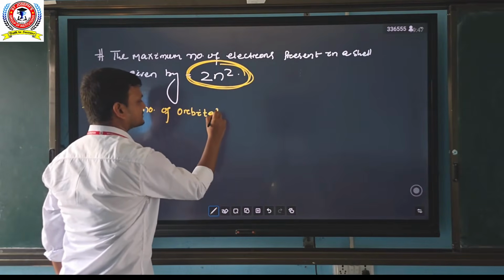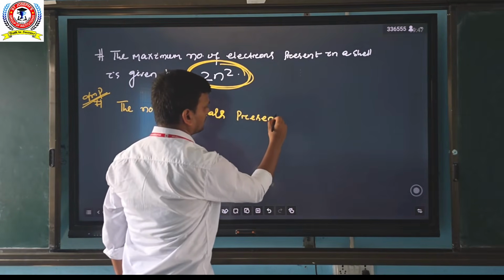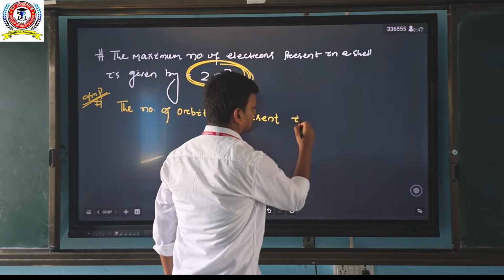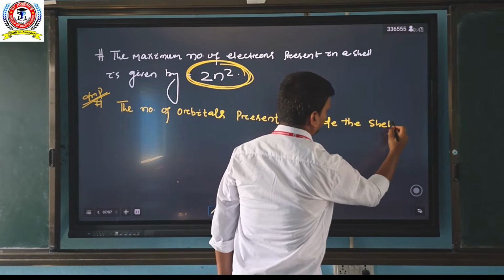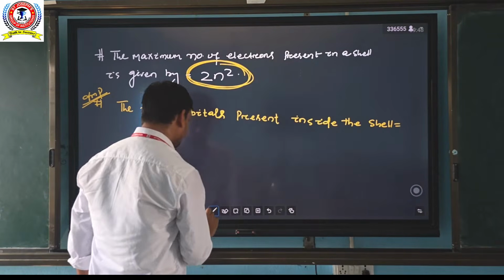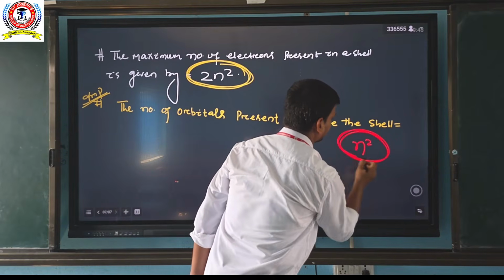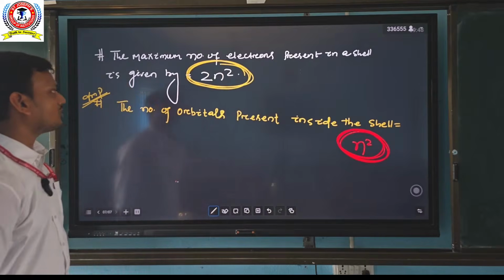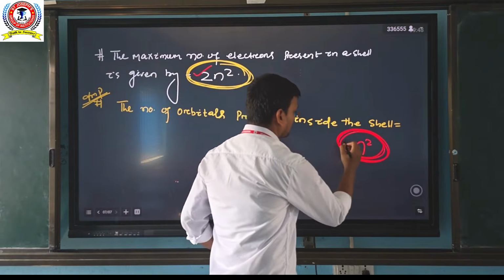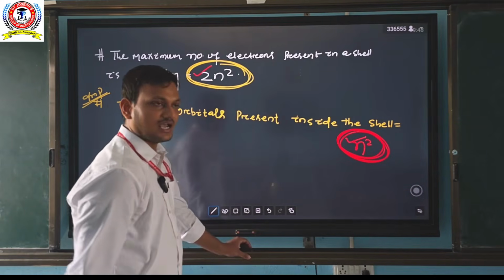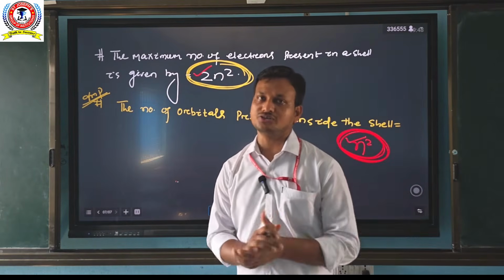The number of orbitals present inside the cell is n square. The maximum number of electrons present is 2n square, the number of orbitals present is n square, and the number of subcells present in your cell is n.